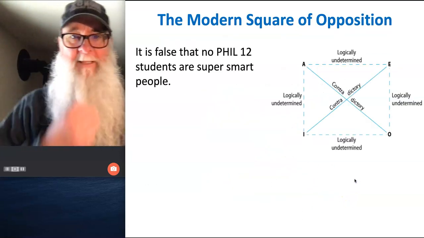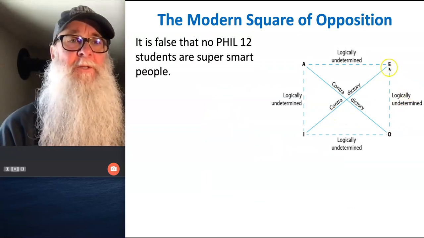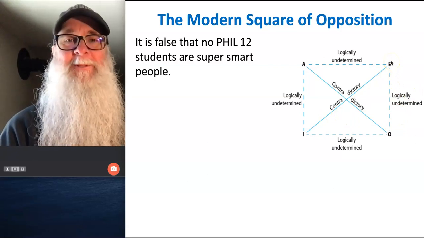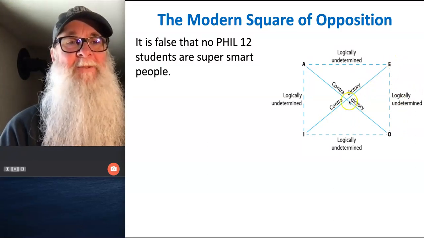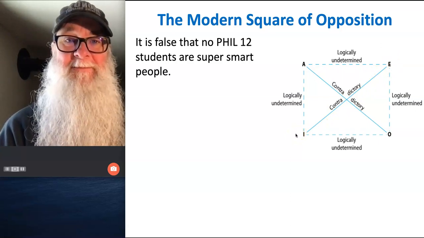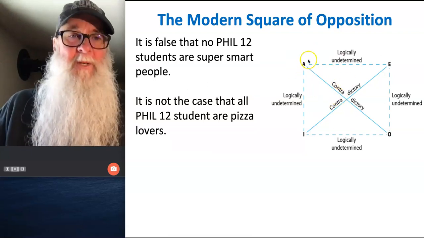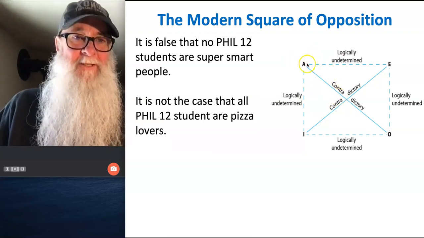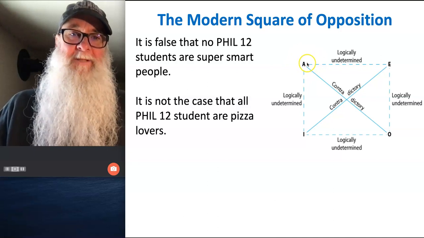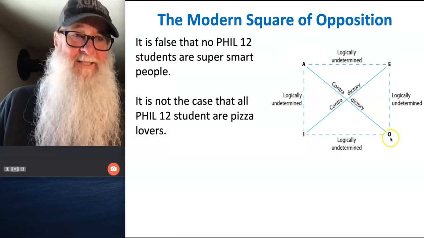So what does that mean? It means that if it's false that no Phil 12 students are super smart people, by the rule of contradiction, it has to be true that some Phil 12 students are super smart people. If it's not the case that all Phil 12 students are pizza lovers, then it has to be true that some Phil 12 students are not pizza lovers.